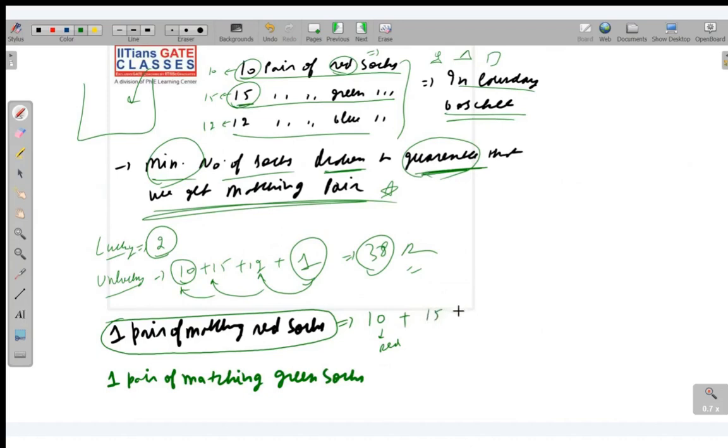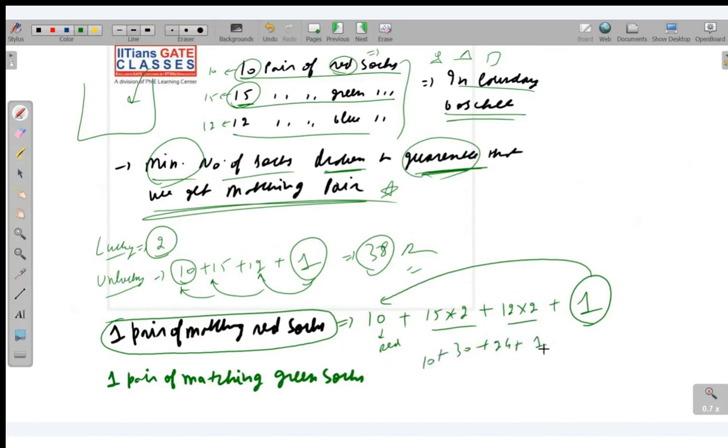So you keep on picking, you pick the 30 socks and all green pair socks are exhausted. Then all blue pairs are exhausted. And now you pick one more sock, then it is guaranteed that it will match one of the red pairs. So what will be our answer? 30 plus 24 plus 10 and then plus 1. So 65 is the answer. Any doubt here? 65.